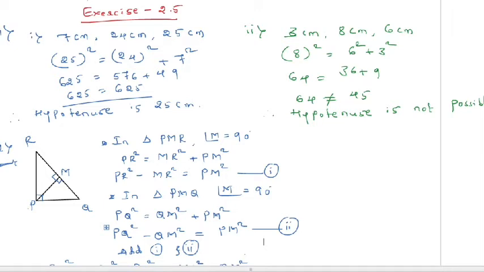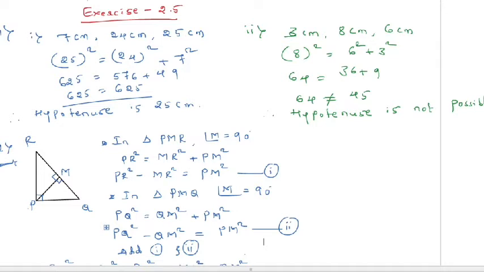The LHS is 625. If we add 576 and 49, we get 625. Both are equal here. When they are equal, it is a right angled triangle. Then its hypotenuse is 25 centimeter, because the longest side is the hypotenuse.